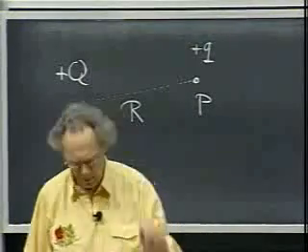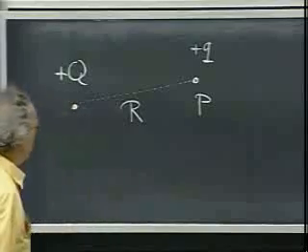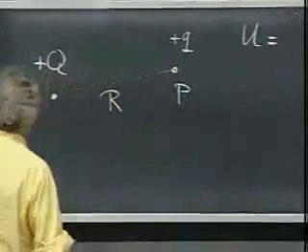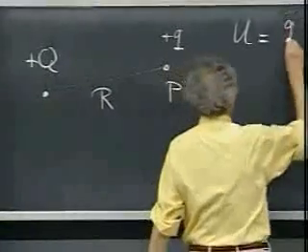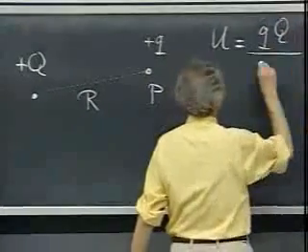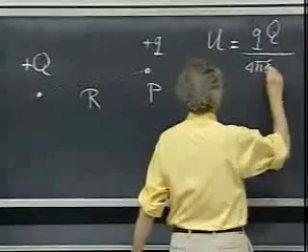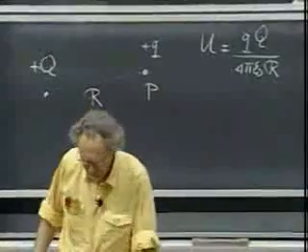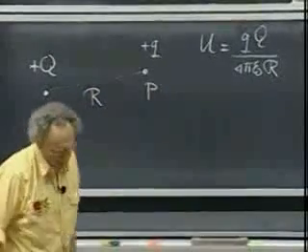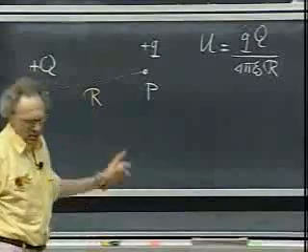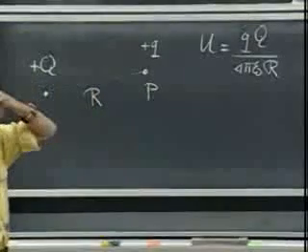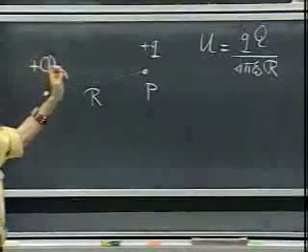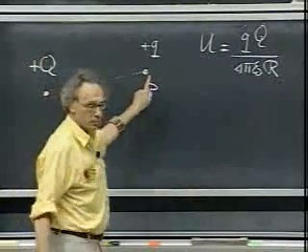Make it positive for now, you can change it later to becoming negative. And so the electrostatic potential energy, we know already, we just calculated it, that would be Q times q divided by 4 pi epsilon 0 R. The electrostatic potential energy is the work that I have to do to bring this charge here.